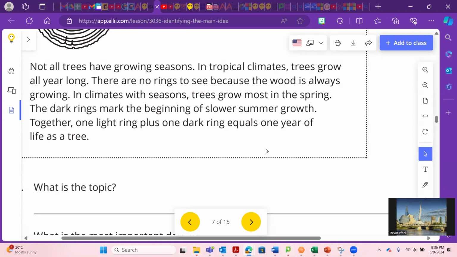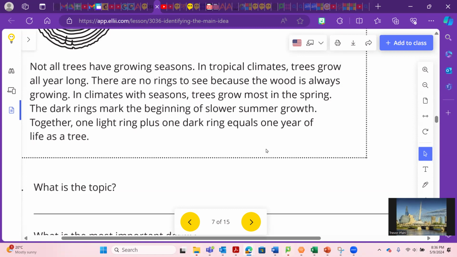So you'll have a light color and a dark color if you cut the tree down, because we're here in a seasonal climate or seasonal area. When you cut grass, you can see how it's set up.